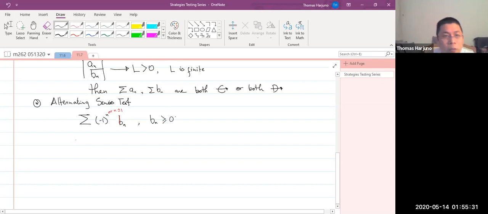This is convergent when the positive part of the term is eventually decreasing to zero. Okay, eventually decreasing to zero.